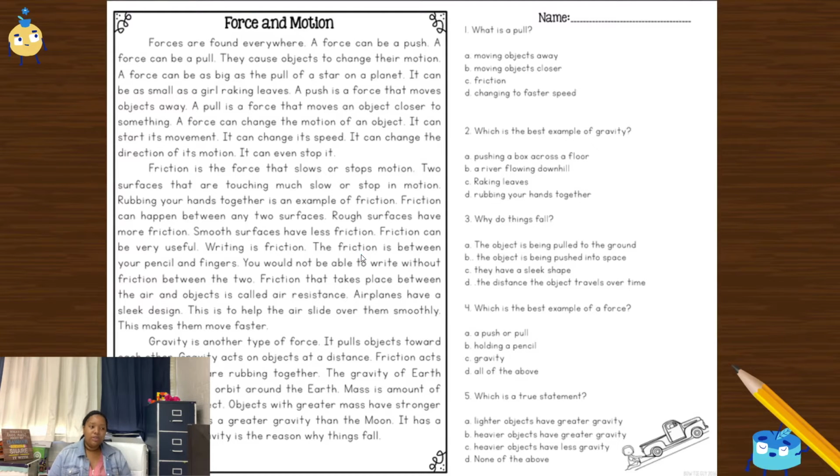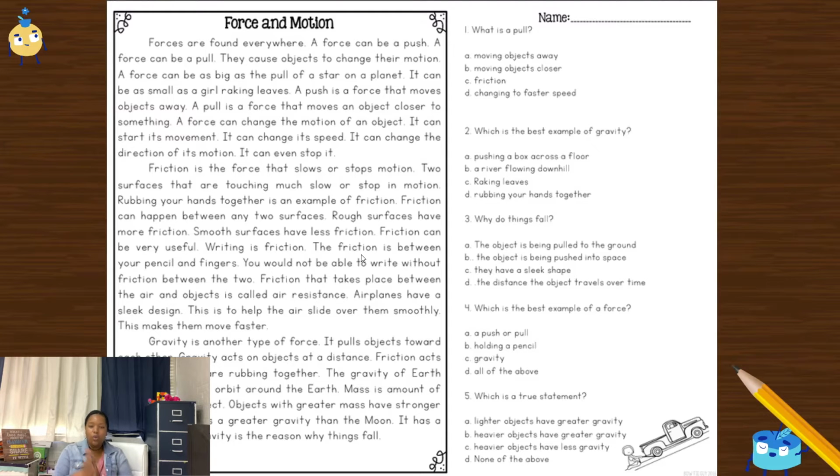Number 2 says, which is the best example of gravity? Well, let's remember that gravity is a non-contact force, so nothing is touching, nothing is making contact. So let's look at our choices. A, pushing a box across the floor. B, a river flowing downhill. C, raking leaves. Or D, rubbing your hands together.